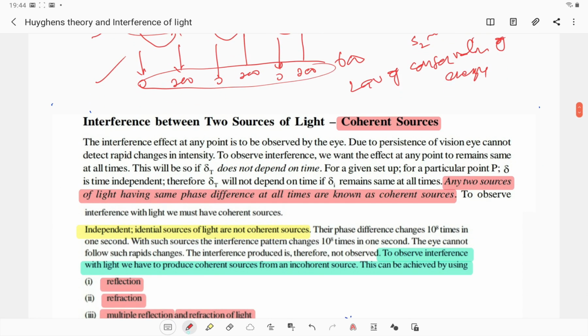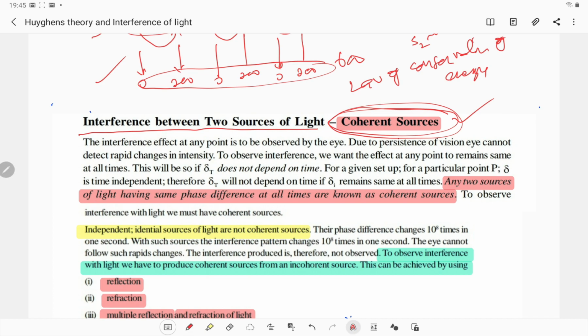See here, interference between two sources of light. Here interference can take place only due to coherent sources. See, what are coherent sources? With coherent sources only, our eye can detect any redistribution of intensity or energy changes.